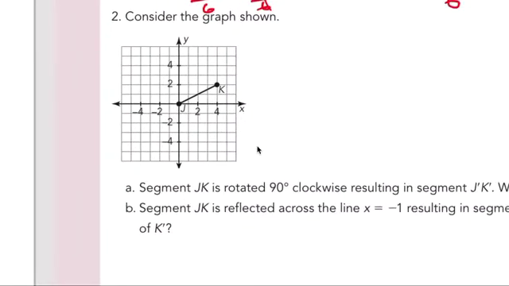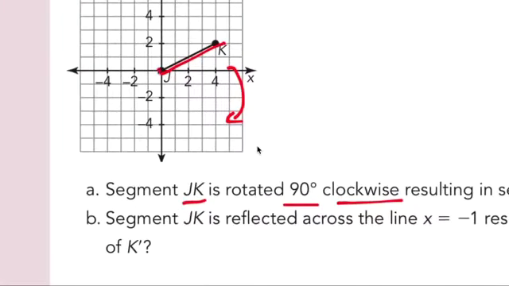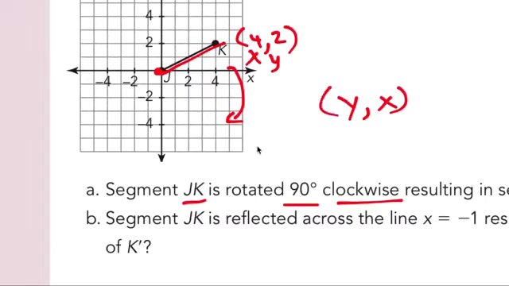Consider the graph shown. Segment JK rotated 90 degrees clockwise. Clockwise is forward, so it's going this way. Okay, 0, 0 is going to stay at 0, 0. This one is 4, 2, right? 90 degrees, x, y becomes y, x. So instead of 4, 2, it's 2, 4. Right here, 90 degrees.